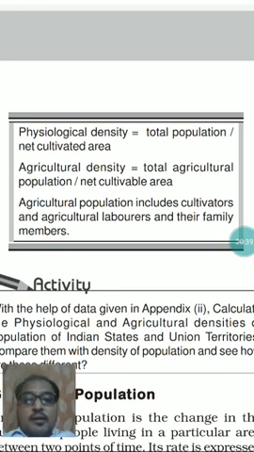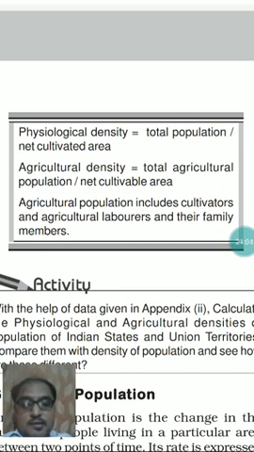Agricultural laborers, cultivators and their families, means all the persons who are directly involved in agriculture and their families, this set of people is called the agricultural population. And agricultural density is equal to total agricultural population divided by net cultivated area.